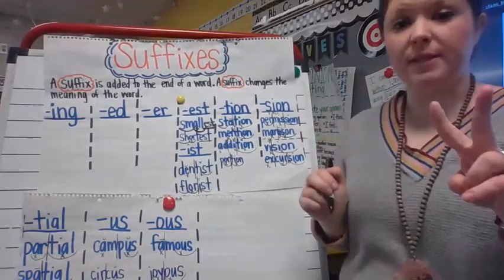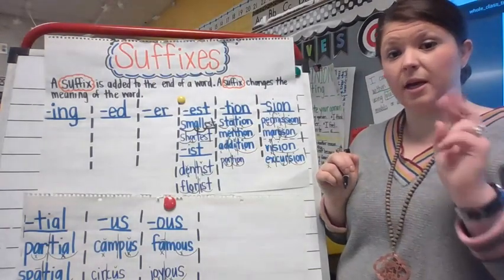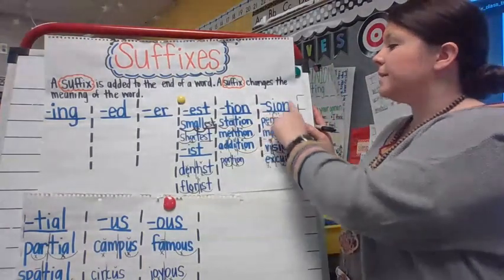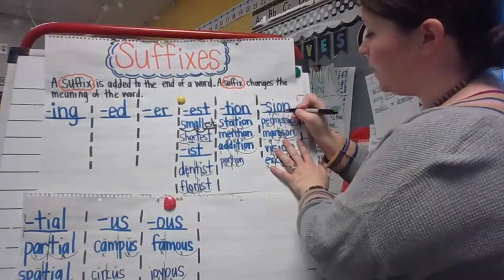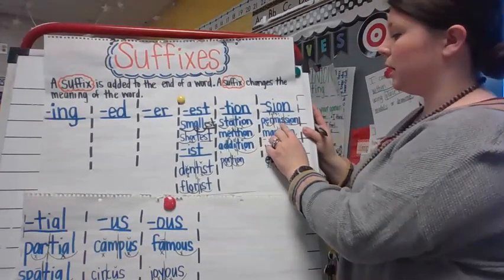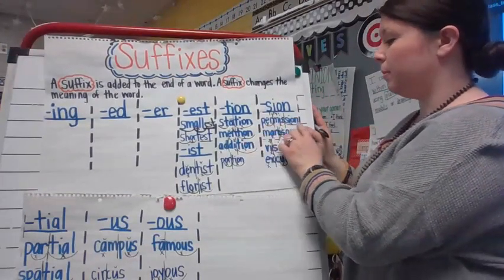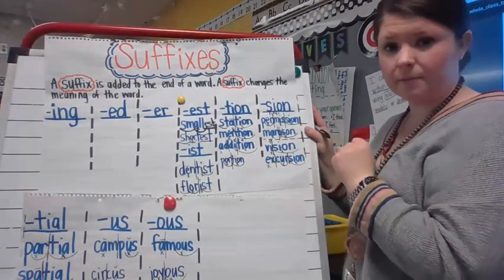Sion can have two sounds, shun and zun, right? It says shun when it comes before the letters L, N, and S. Like in the word permission, permission, or mention, mention.